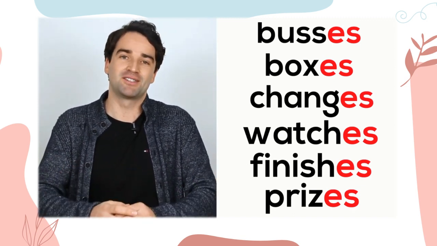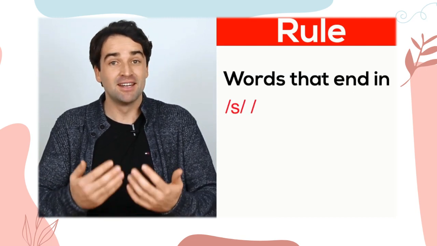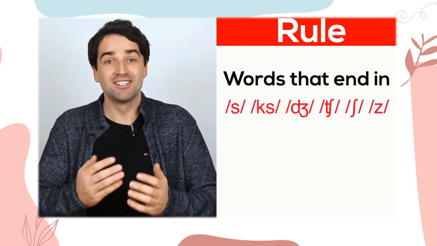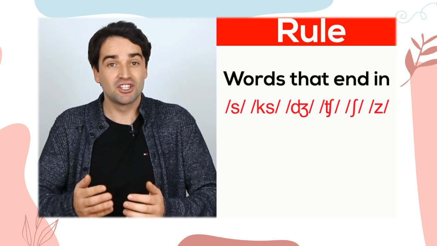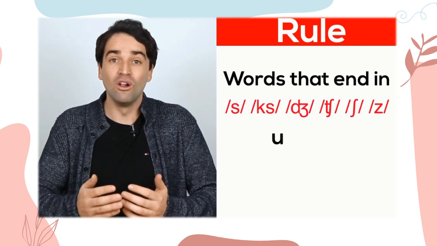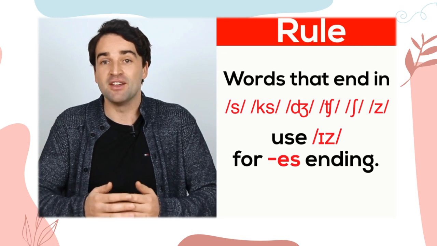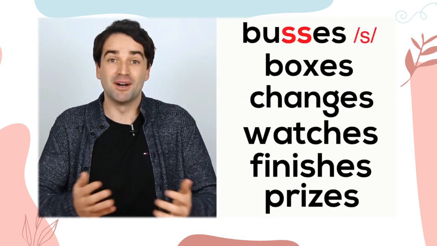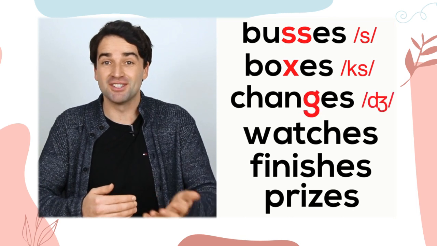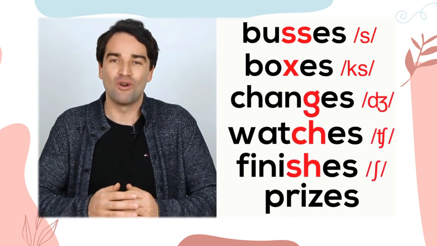Well, yes, there is. Words that end in s, x, ge, ch, sh, and z always use the iz pronunciation for words ending in the es spelling. Buses, boxes, changes, watches, finishes, prizes.